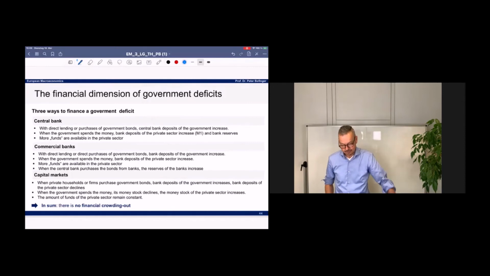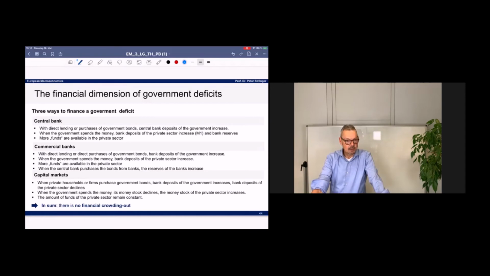Okay, so how can governments finance their deficits in a monetary economy? They do not have to borrow the all-purpose goods from households that then can consume less. No, they borrow money. So where can governments get the money from if they want to finance huge transfers, as we can observe them today and also last year in the United States?